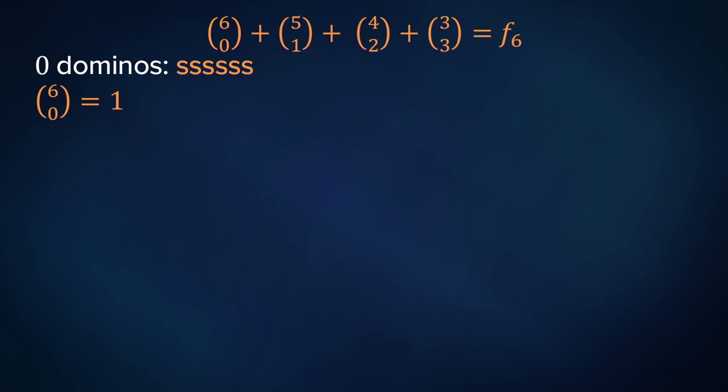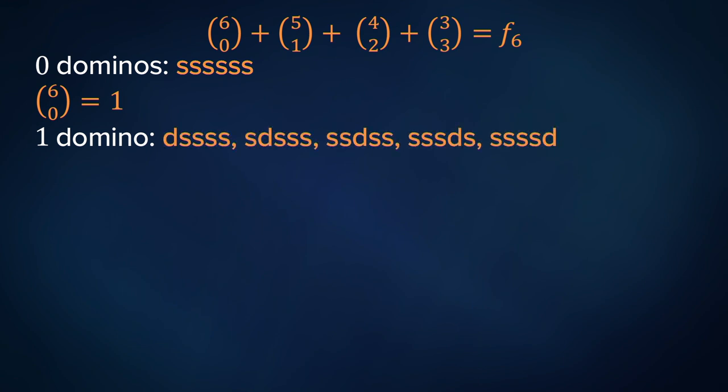For the next case, suppose there's exactly 1 domino. Now with 1 domino and a tiling of length 6, we're going to need to have 4 squares to go along with that domino. That means we're going to have 5 tiles, right? 1 domino and 4 squares. So we take our 5 tiles and choose one of them to be a domino.